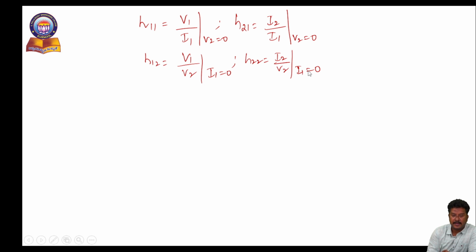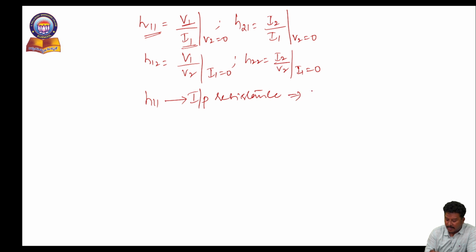If you carefully observe, the ratio of voltage and current gives us the value of a resistance. So this H11 explains the resistance behavior. At the input port, V1 is nothing but input voltage, I1 is nothing but input current. So I observe the ratio of input voltage with respect to input current, and I am considering H11 as input resistance.